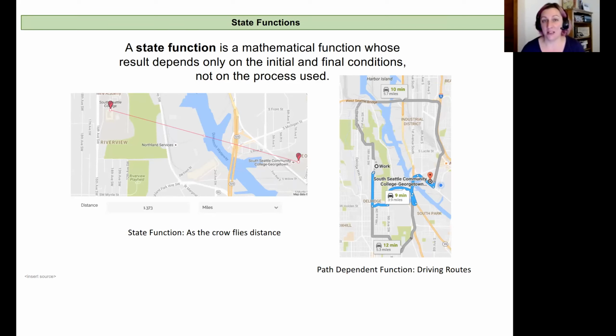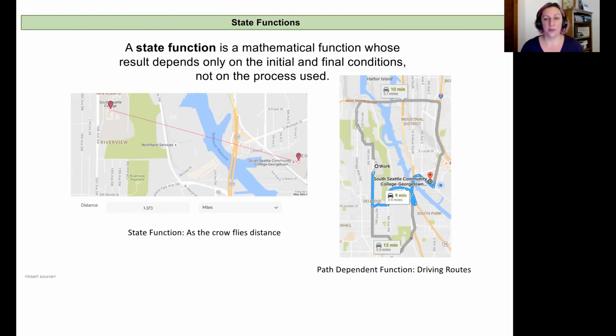One, we can do it as the crow flies. If you could do a direct line from the main campus to the Georgetown campus, you would be able to develop a distance, and that would be representative of a state function. It's just location A to B, and the most direct path there. And so that's our state function.